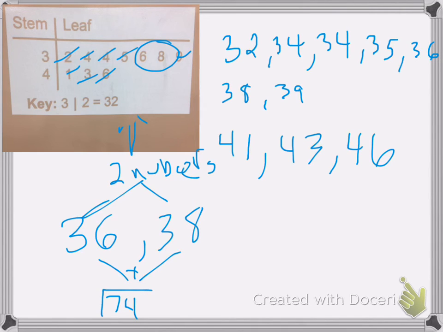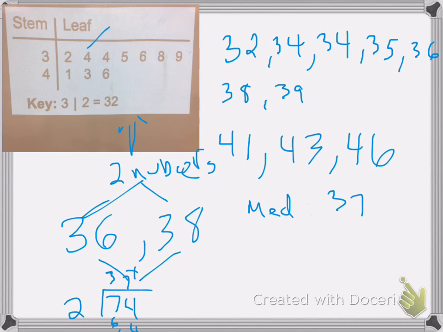Divide that by the 2 numbers that I added together. 2 goes into 7 3 times, 1 left, 14, 37. So the median is 37. The one that happens the most, well, 34 happens a lot, and that's the only one that happens the most. So the mode would be 34.